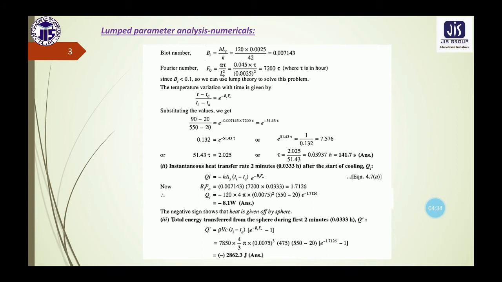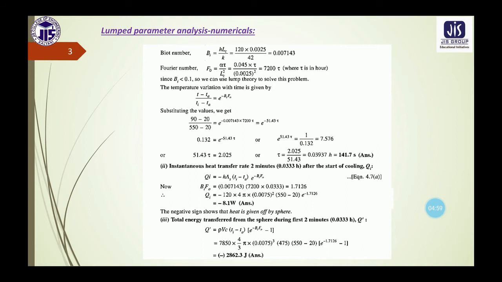That means we can calculate the Biot number, which we get as 0.007143. Since the value of the Biot number is less than 0.1, we can use the lump theory or lumped parameter analysis in this numerical to solve for the required values which we need to calculate.